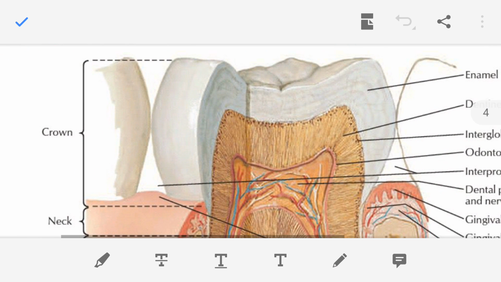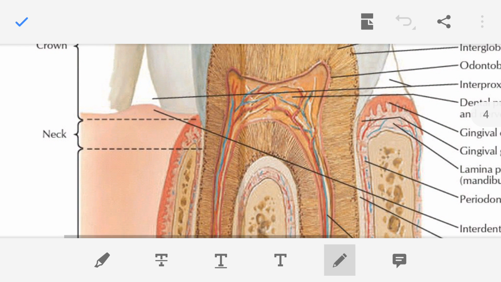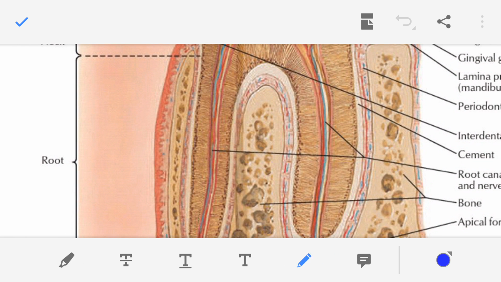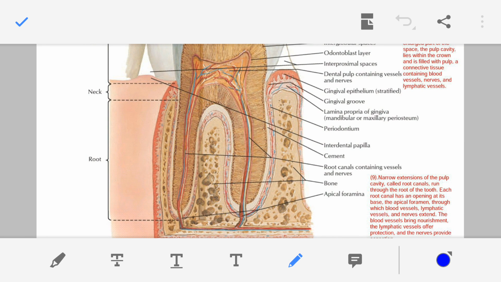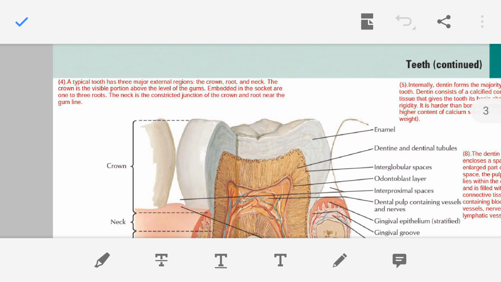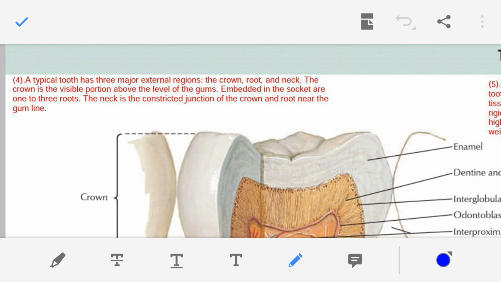In the figure I am showing you, this part is the crown, this portion is the neck region, and this part is the root.